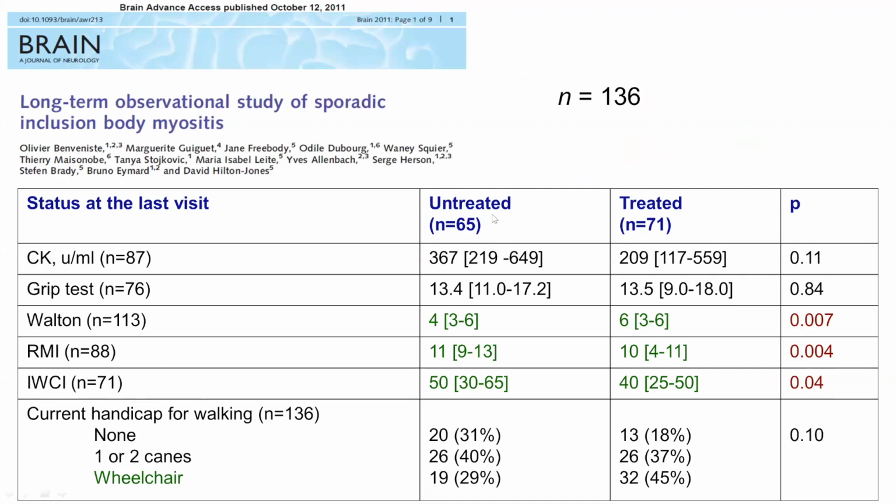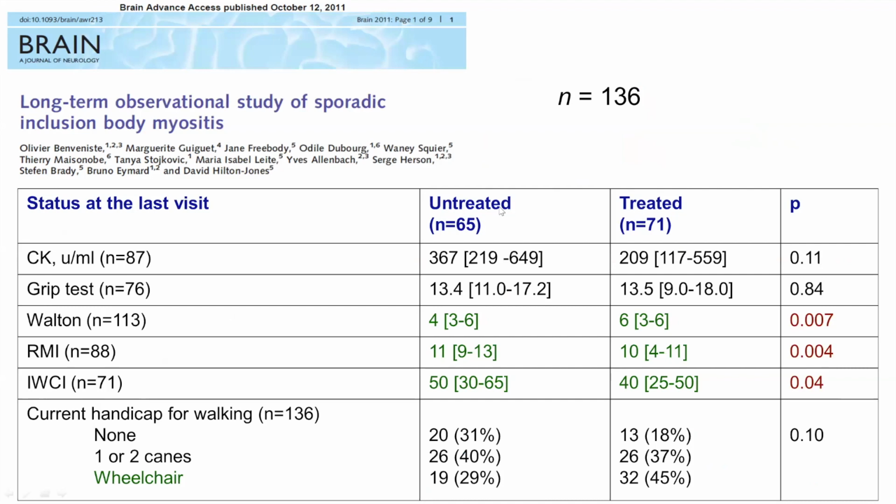It was not a prospective trial. We were not here at the very beginning of the story, and were at the moment where we started the treatment or no treatment. So it's not a trial with corticosteroids against placebo, of course.